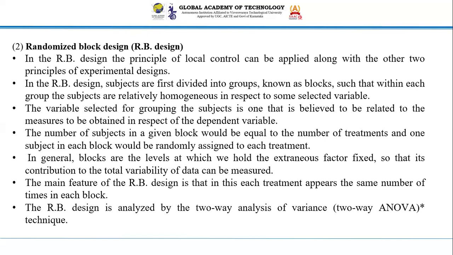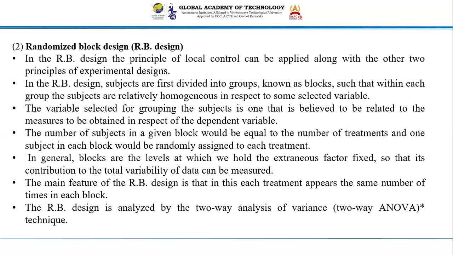And the next one is the RB design, that is the randomized block design. In the randomized block design, the principle of local control can be applied along with the other two principles of experimental designs. In the RB design, subjects are first divided into groups known as blocks, such that within each group, the subjects are relatively homogeneous in respect to some selected variable.